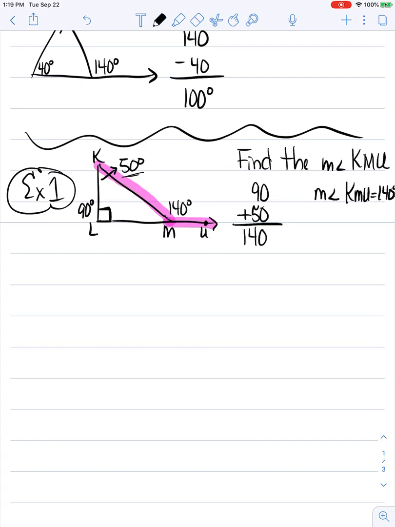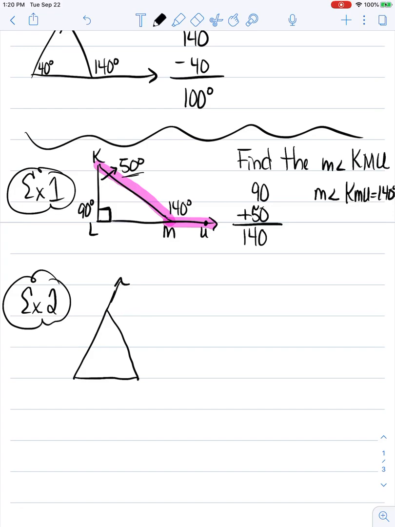Let's try another one where we have to use that angle relationship. Now let's draw this triangle. I'm going to make the top go out like that. That's my arrow. Let's label it. I've got C, B, and this is going to be E. This one's going to be D, this vertex.